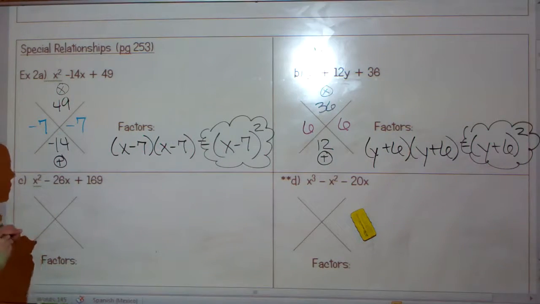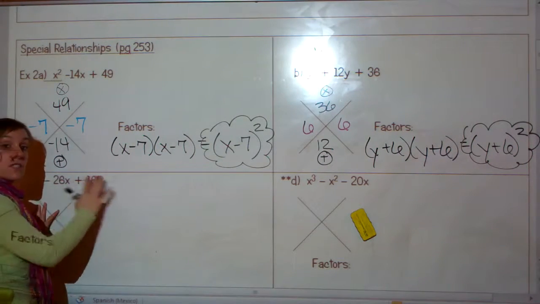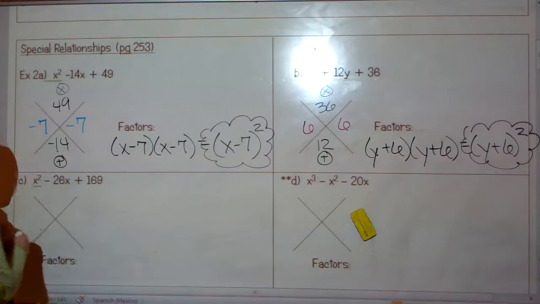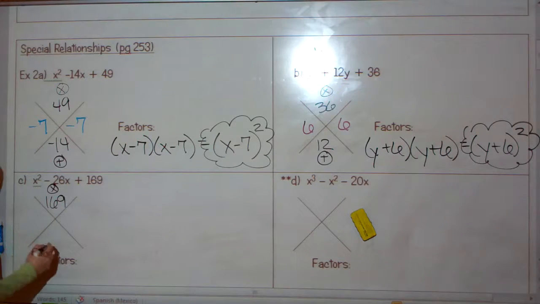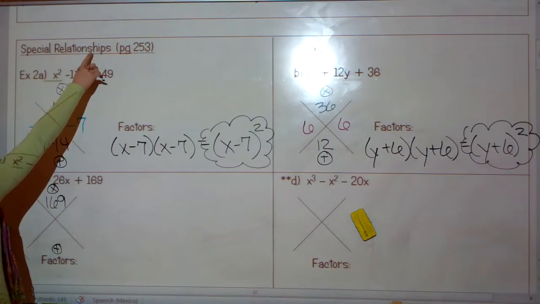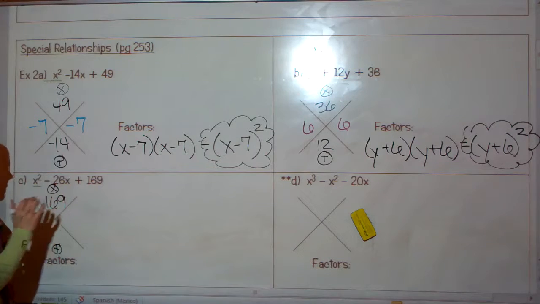Alright, so why don't you try this one? I won't say anything. I'll just write it down. You can compare to yourself as you go. Again, look for the special relationship. There's a little bit of a pattern in these problems.